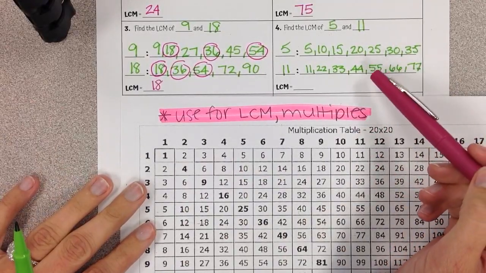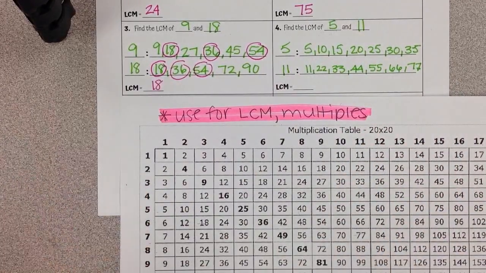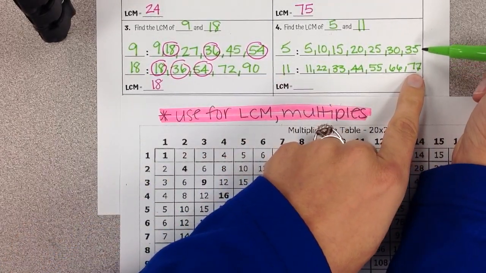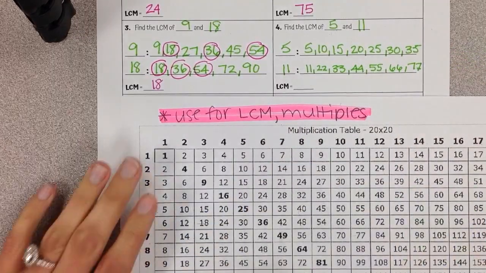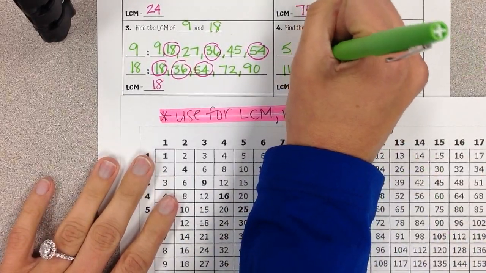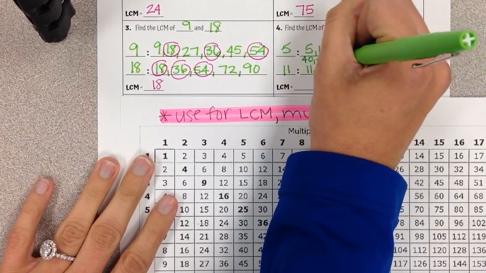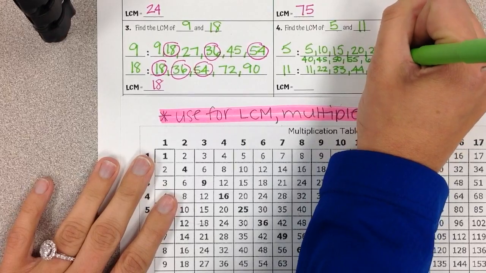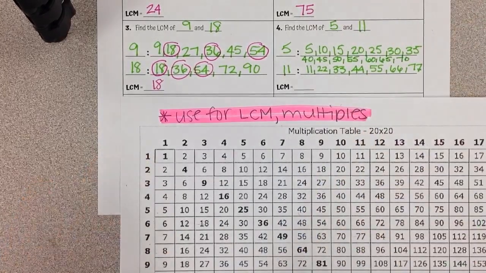Looking right now, I don't see any in common. So since the 11 is up to a higher number, I'm going to add some to my 5s till I get closer to some of these higher numbers in the 11s. So I'm going to write underneath here 40, 45, 50, 55, 60, 65, 70. Now let's look back and see if they share anything.